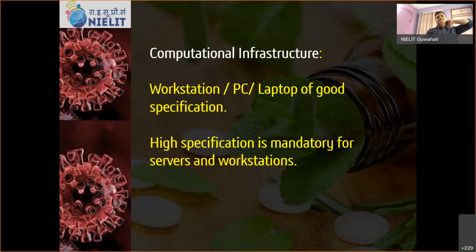If you have a better specification, you can use better software. 4 GB RAM is quite sufficient to work with most of the software except molecular dynamics. For molecular dynamics, very high-spec servers and workstations with a graphics card are required, which we will discuss in the last session.